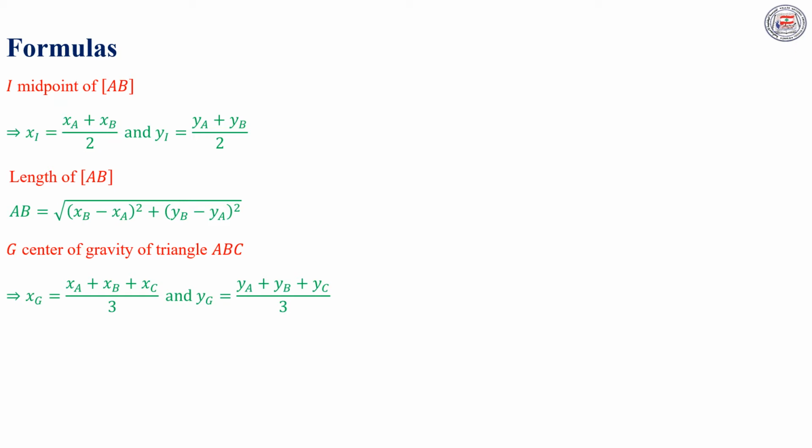And if G is the center of gravity of triangle ABC and we need to calculate the coordinates of G, then xG equals (xA plus xB plus xC) over 3 and yG equals (yA plus yB plus yC) over 3. Please open your books on page 46 in order to solve number 3.